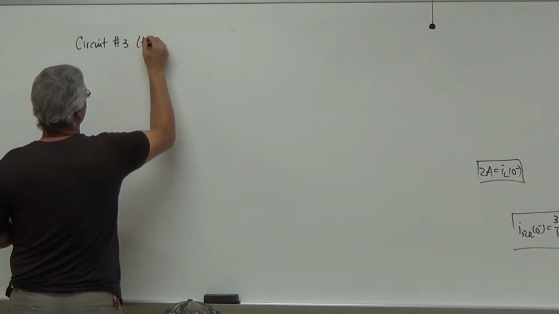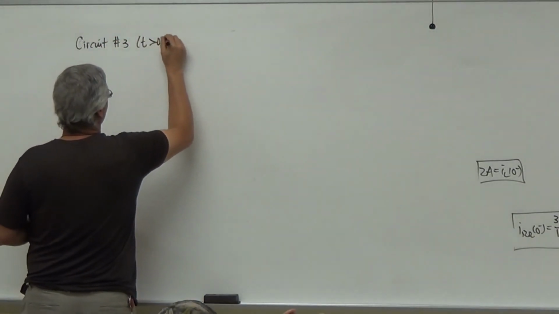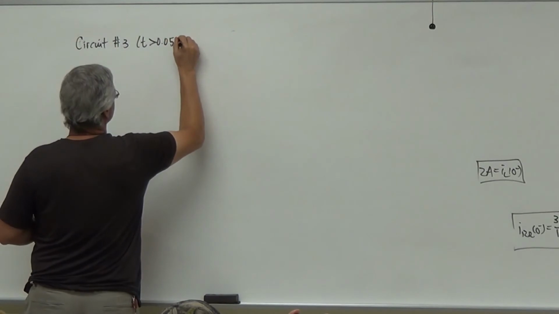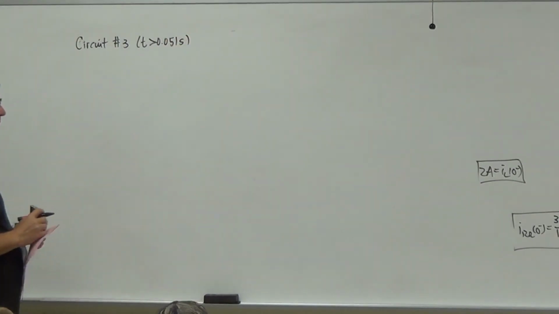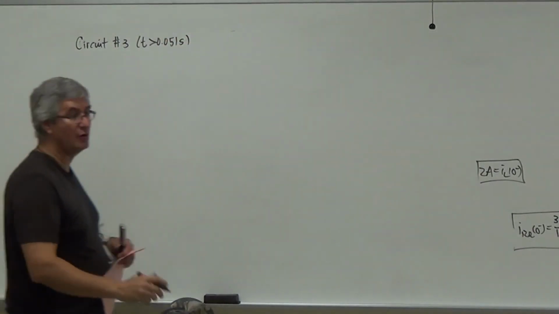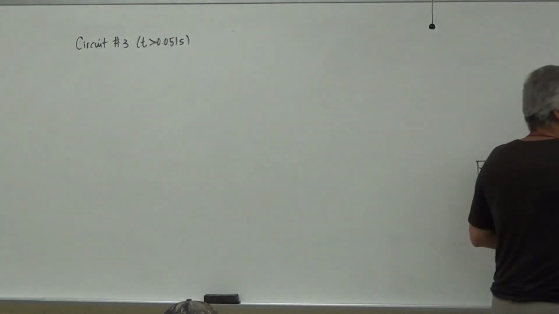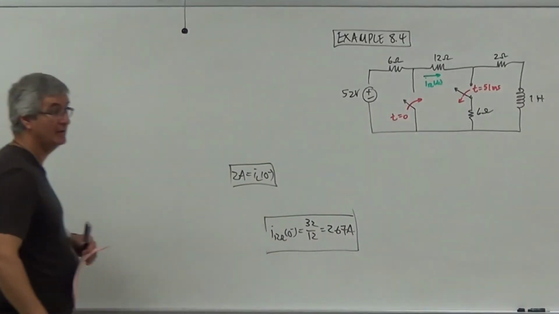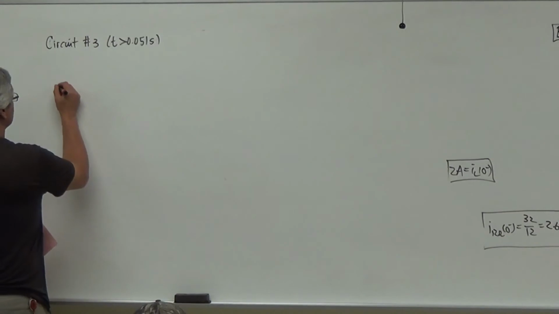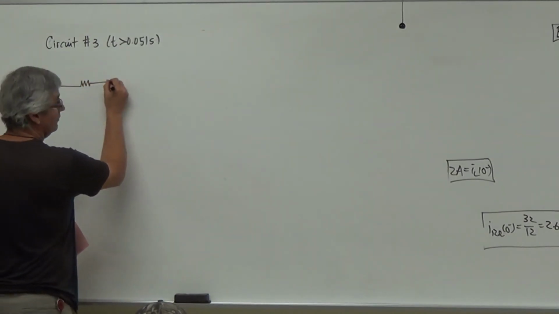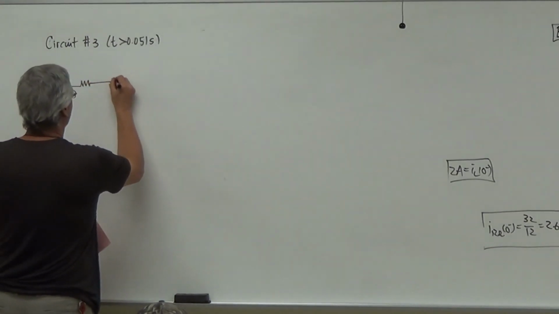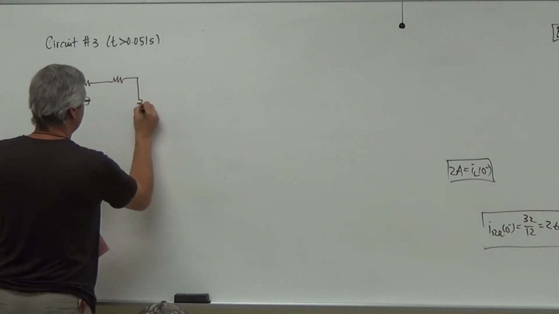And this is for t greater than 51 milliseconds. So now if that switch is thrown open, that means that this 6 ohm resistor is gone. So now my circuit looks like this. It's a 12, a 2, and then I have my inductor.